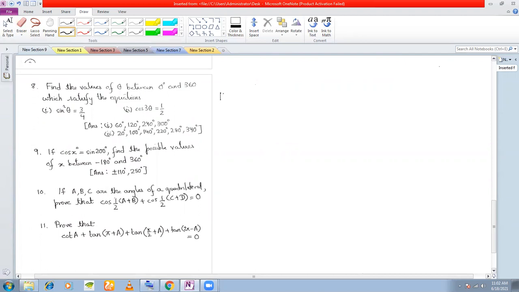Okay, so number 10. If A, B, C and D are angles of a quadrilateral, prove that this holds.